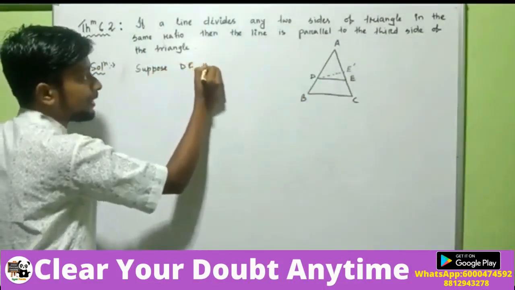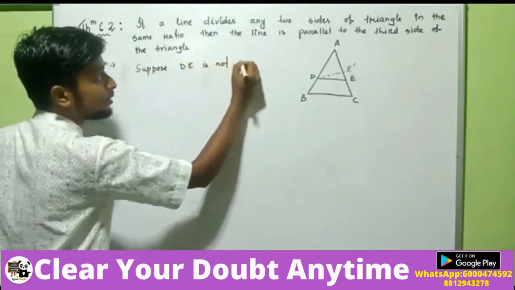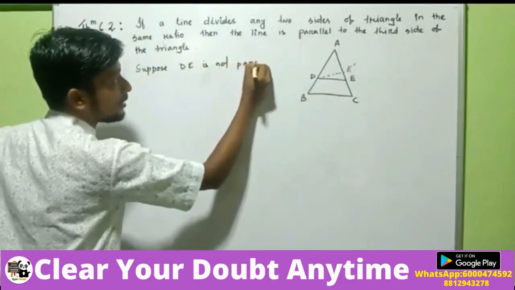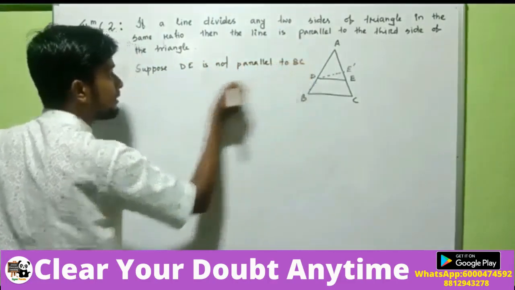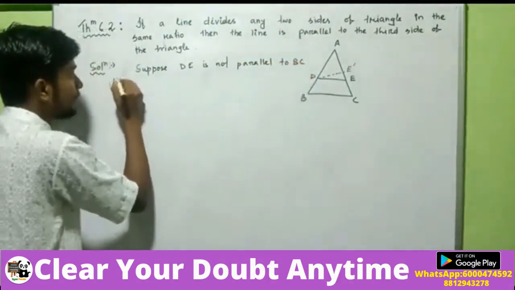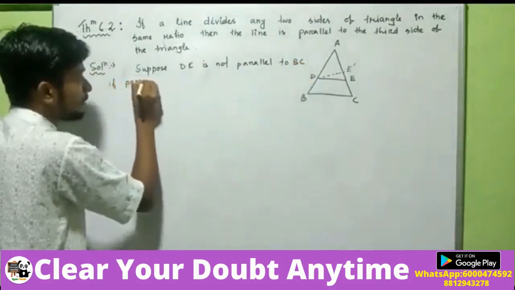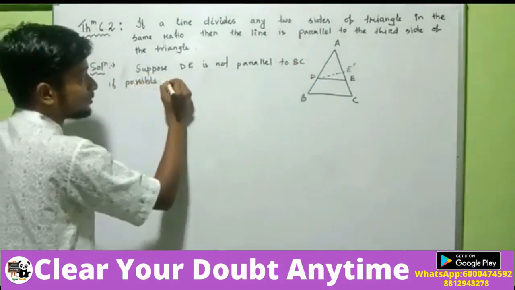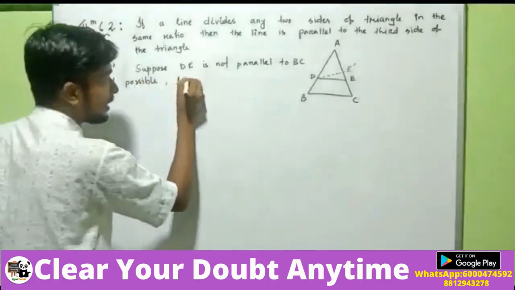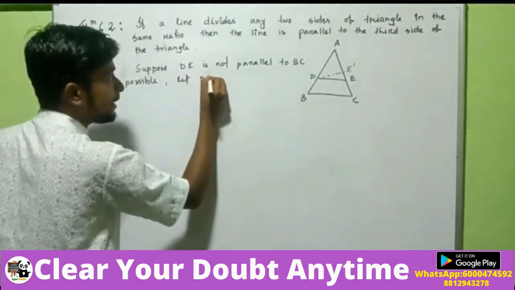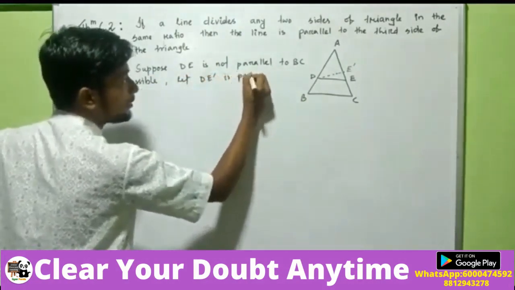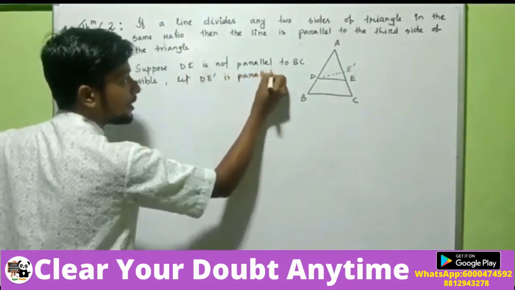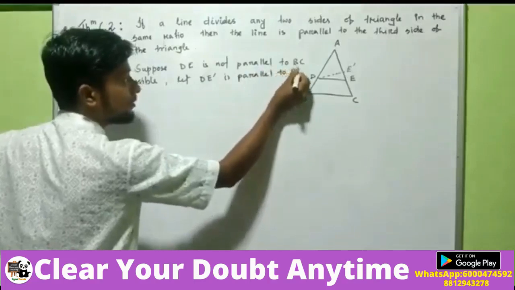DE is not parallel to BC. If possible, let DE dash is parallel to BC.